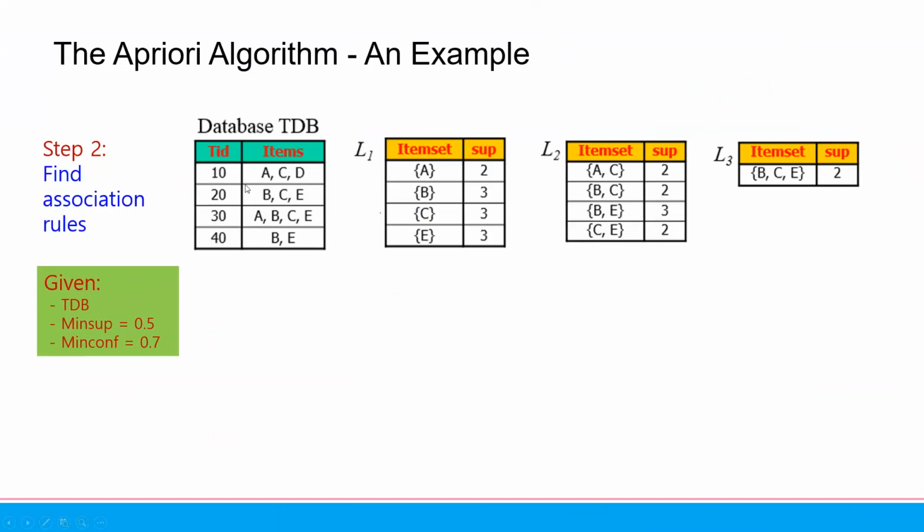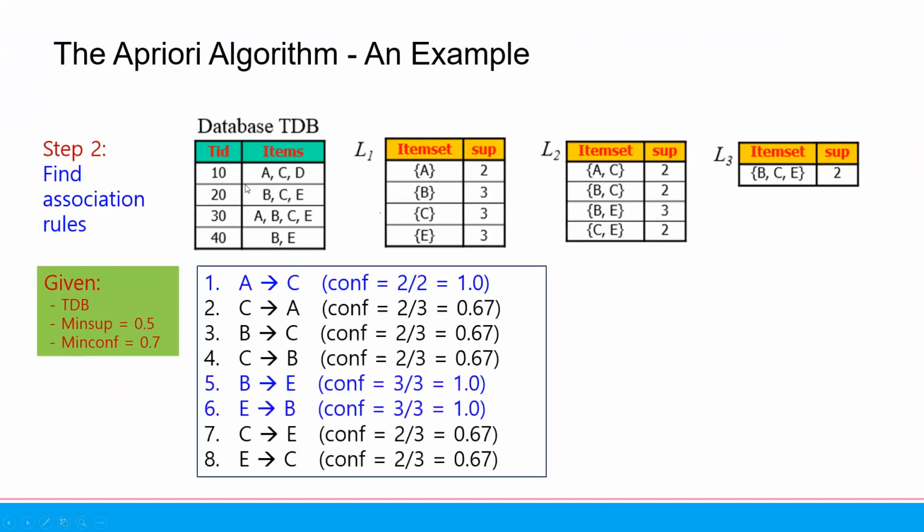So we can find any possibility from L2. We have A to C, C to A, and then B to C, C to B, B to E, E to B, and C to E, E to C.